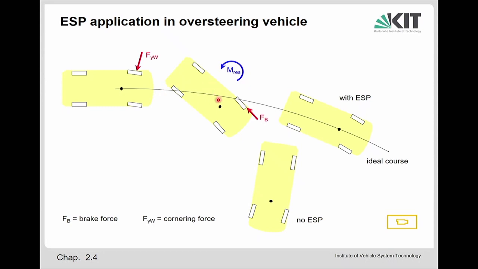There's a sensor which measures the rotation around the vertical axis, so it can be recognized. If it is recognized, first the traction force is reduced. This has two positive consequences. Less traction force on the rear axle drive reduces the longitudinal use of the adhesion and gives more room for lateral adhesion.